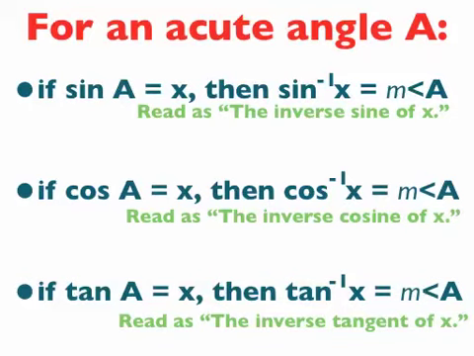We've talked about sine, cosine, and tangent the last couple of days, so today we're going to use the inverse sine. Remember, we used just sine, cosine, and tangent to help us find the lengths of the sides. Now we're going to use inverse sine, inverse cosine, and inverse tangent to be able to find the angle measures.